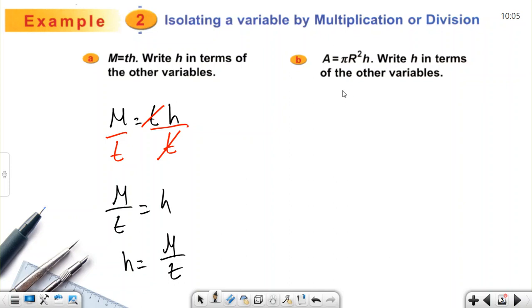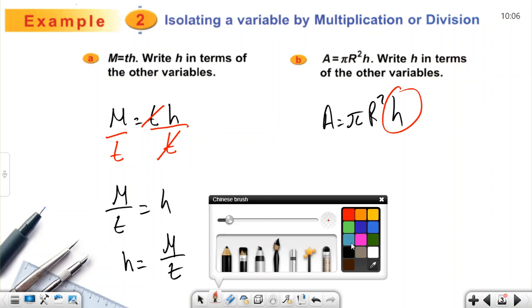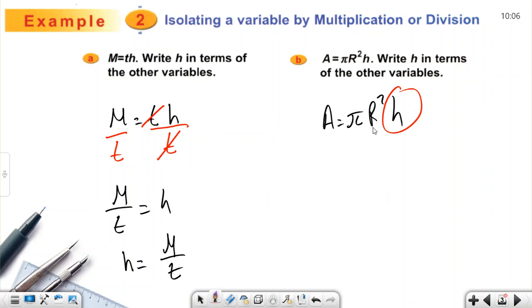Okay, there is another formula. A equals pi times R squared multiplied by H. Write H in terms of the others. We need to keep the H here, so I need to cancel the other things. Pi times R squared times H are multiplied.